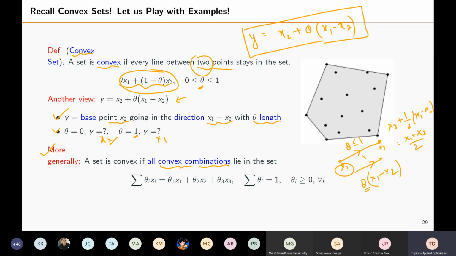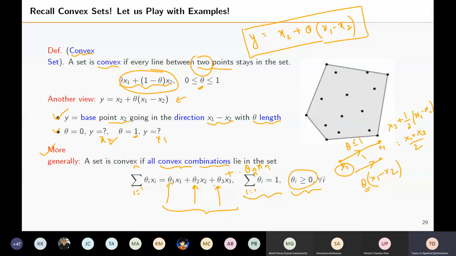The difference between a linear combination and a convex combination is that in a convex combination you have additional restrictions on the scalars: they must be non-negative, and the sum of the scalars must be 1. That is called a convex combination.